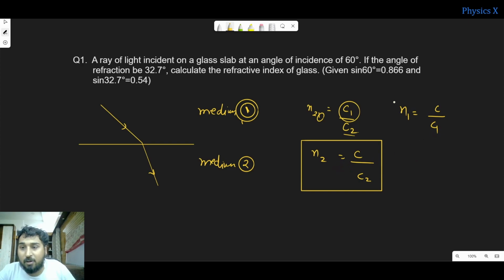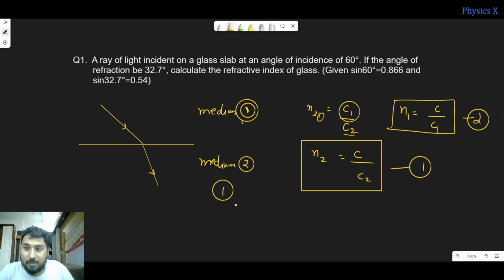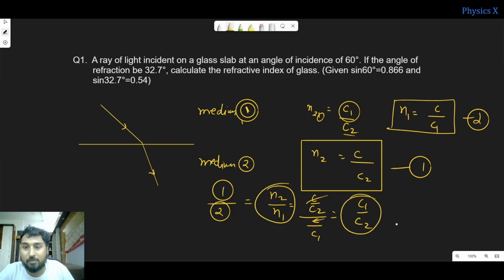So this is your first equation and this is your second equation. If I divide 1 by 2, what do I get? n2 by n1 is equal to c upon c2 divided by c upon c1. The c gets cancelled out, and c2 and c1 are left, so n2 by n1 is nothing but c1 upon c2.